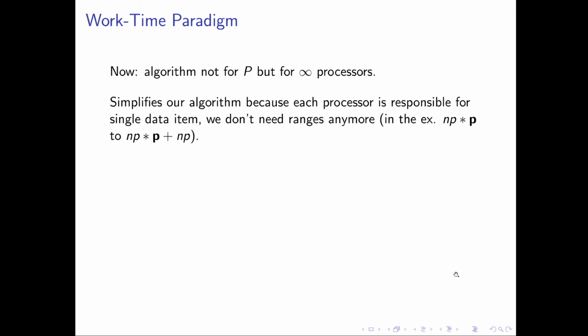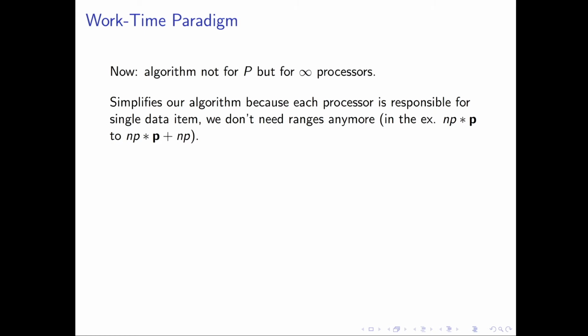So now I want to introduce a simplification to the PRAM model, and that simplification is commonly referred to as the Worktime Paradigm. We will later learn why it is called that, but let me quickly explain what the simplification will be. From now on we will try to not express our algorithms in terms of P, but in terms of an infinite number of processors.